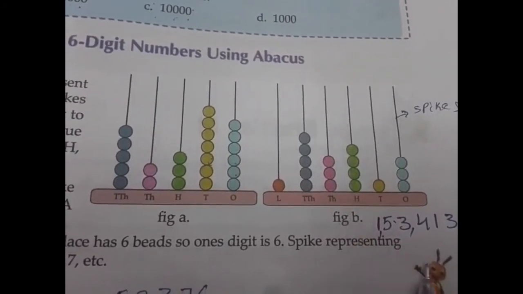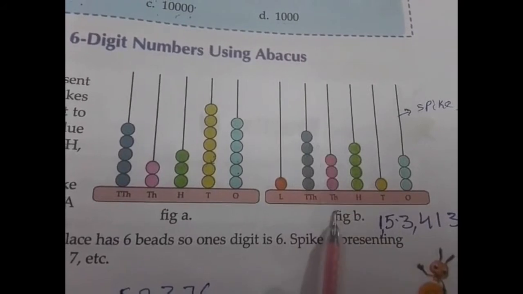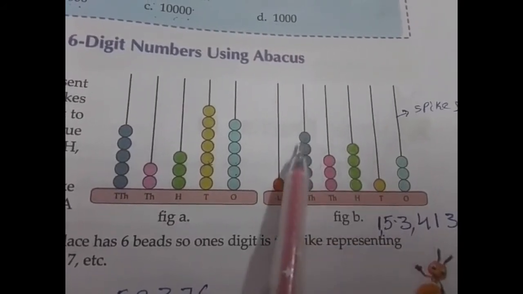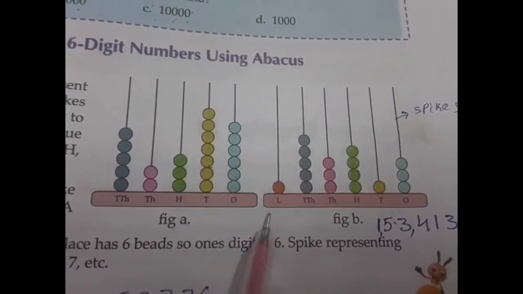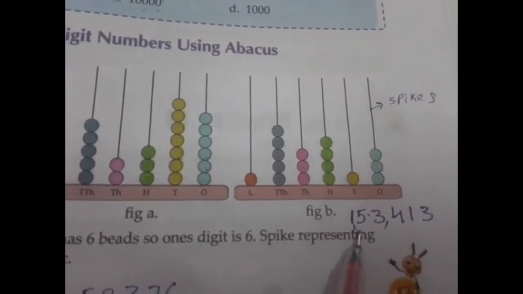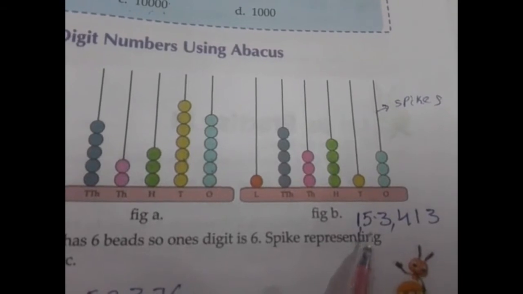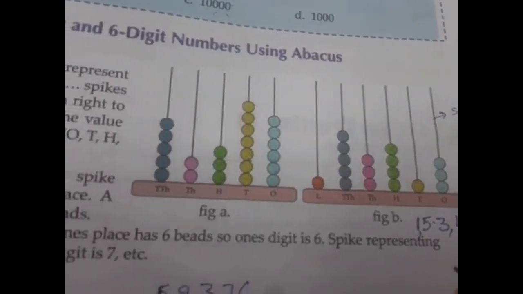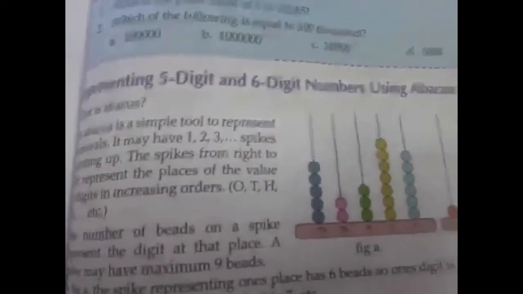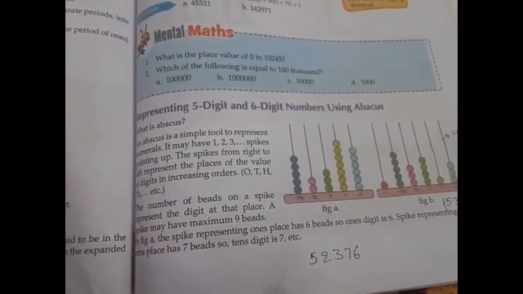In hundreds place 4. In thousands place 3. In 10,000s place 5. In lakhs place 1. It becomes the number 1,53,413.